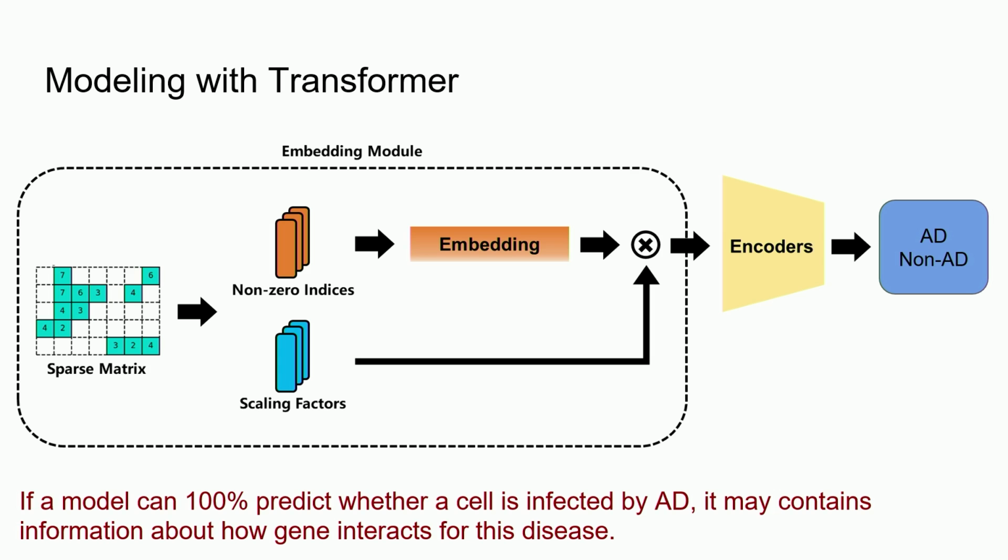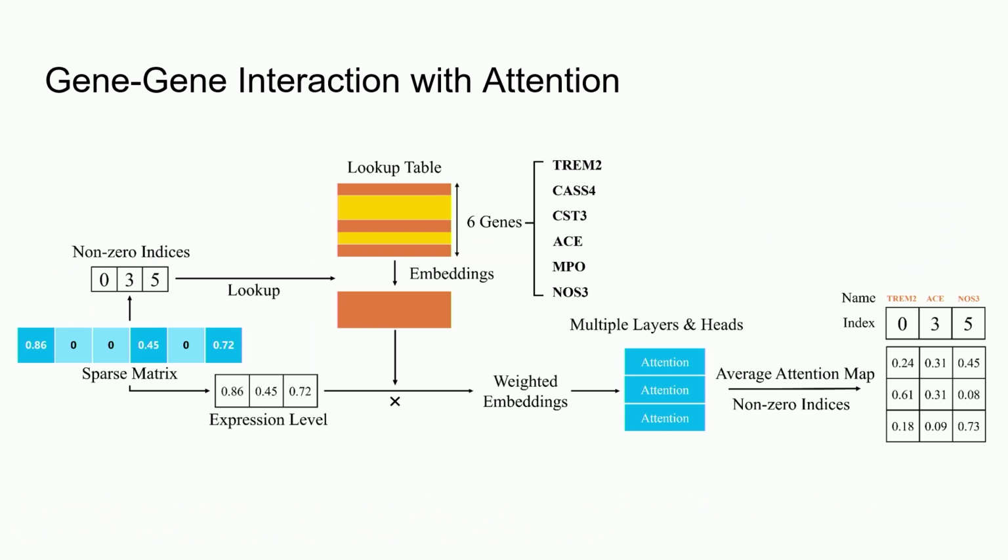Maybe the model itself, or how the computation happens in this model, contains information about how two genes interact with each other to trigger this disease. So this is a data-driven way. If I have a perfect model that can do the job, maybe the interaction within this model reveals something about it.